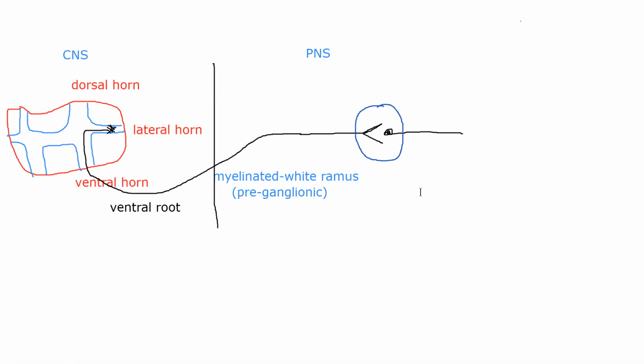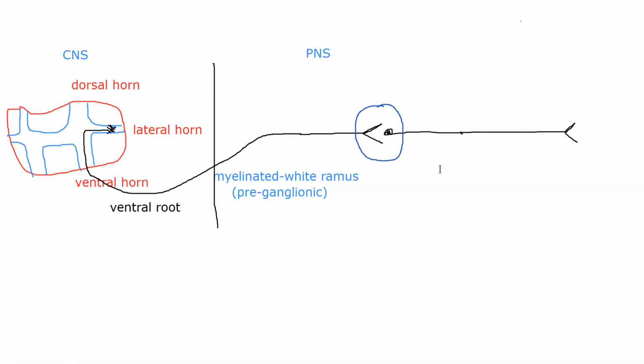Now, when it leaves the synapse, it's going to re-enter the spinal nerve, but here it's going to be unmyelinated. So as it travels from the synapse and back out to its effector tissues, it has changed from a myelinated neuron to an unmyelinated neuron. And here we call it a gray ramus fiber.